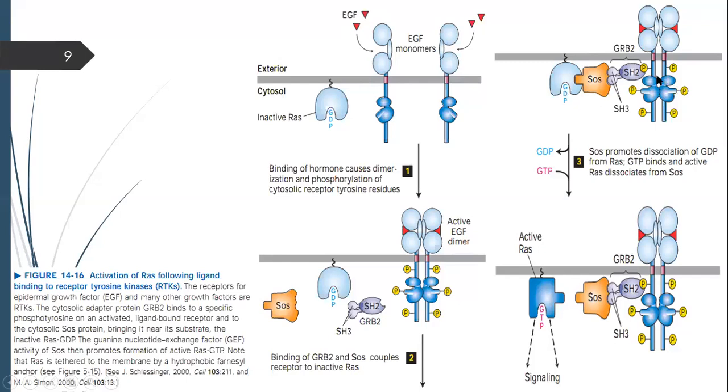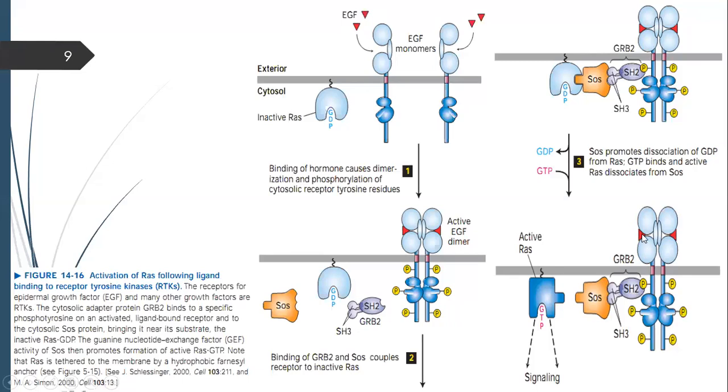So what will happen in this case? The activated receptor's phosphotyrosine residue will bind with the SH2 domain, and the two SH3 domains will bind with SOS, and SOS will remove the GDP from the RAS protein. After removing that, the GTP will bind, and once this RAS protein is activated, it will detach from SOS, SOS will detach from GRB2, and GRB2 will detach from the receptor.